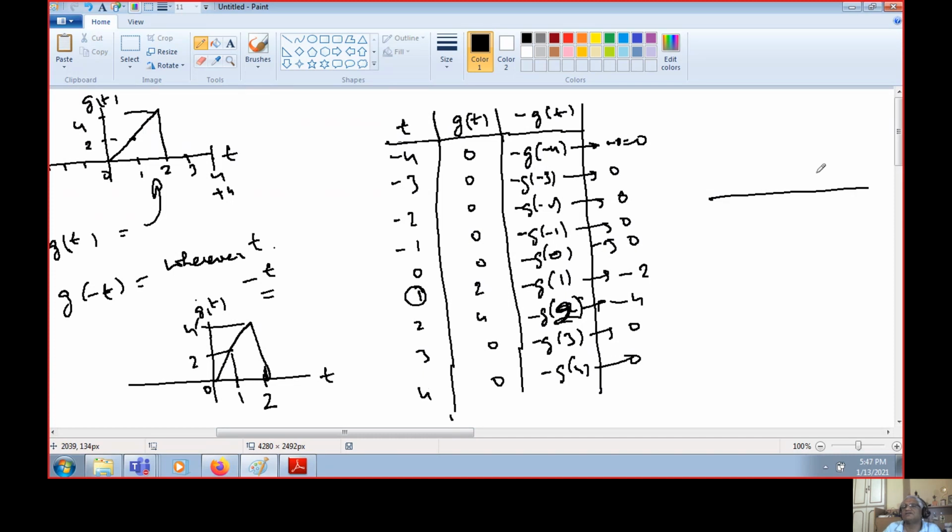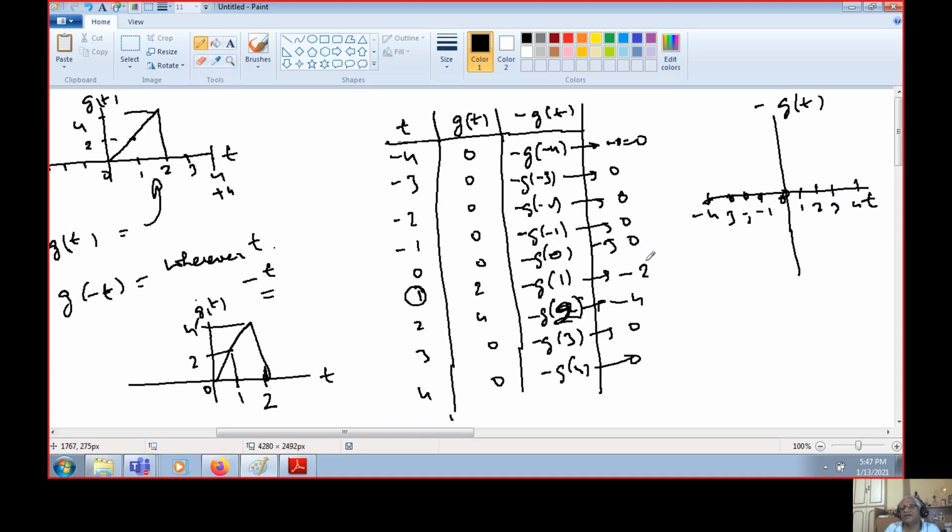So we have these values now. So how do I plot these values? This is t. This is minus g of t. Minus 4, minus 3, minus 2, minus 1, 0, 1, 2, 3, 4. And I have to plot now. Minus 4 to 0, we are having only 0 values. Then at t equal to 1, what is the new value we are getting?